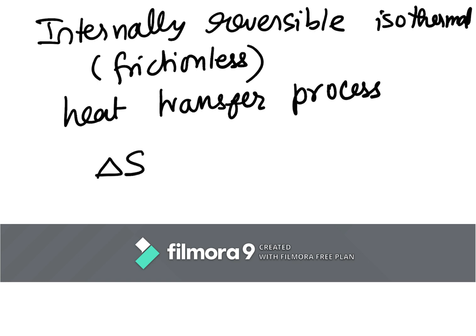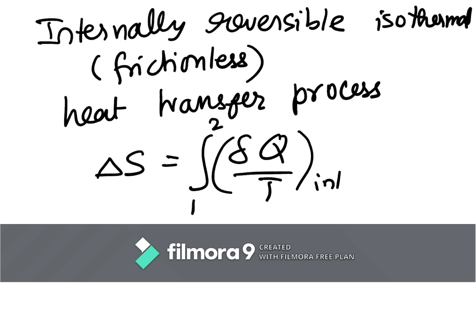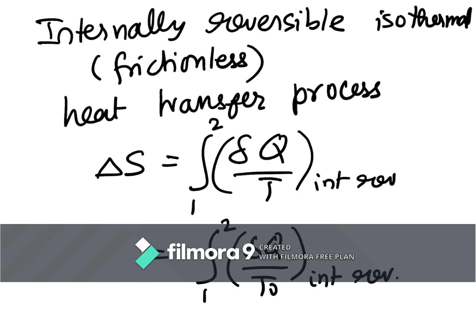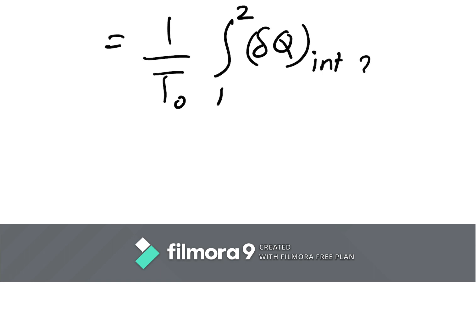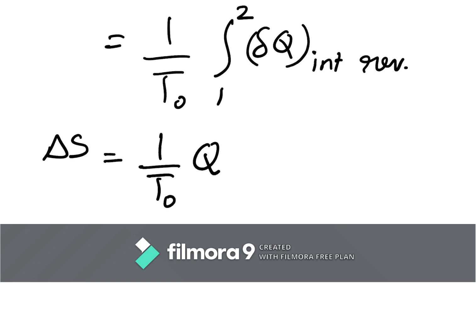In that case, delta S is the integral from 1 to 2 of delta Q over T internally reversible, and since the process is isothermal at temperature T naught, this is 1 over T naught times the integral from 1 to 2 of delta Q internally reversible, which you can write as Q divided by T naught.